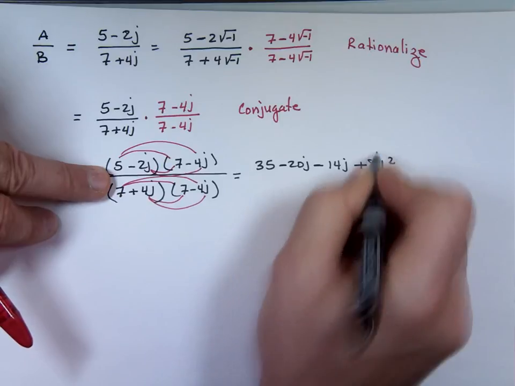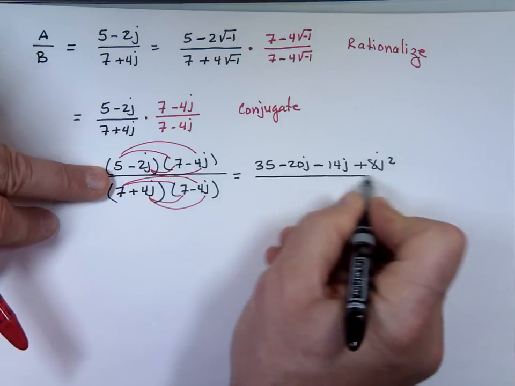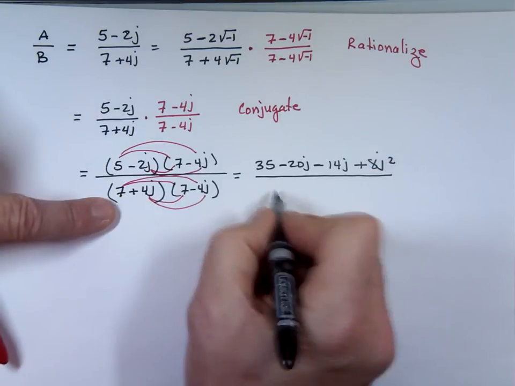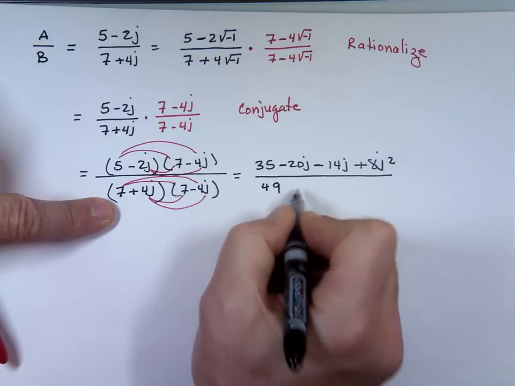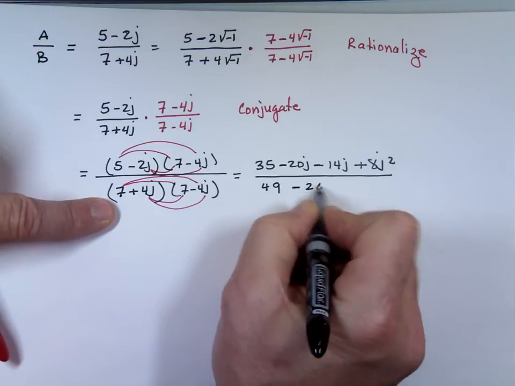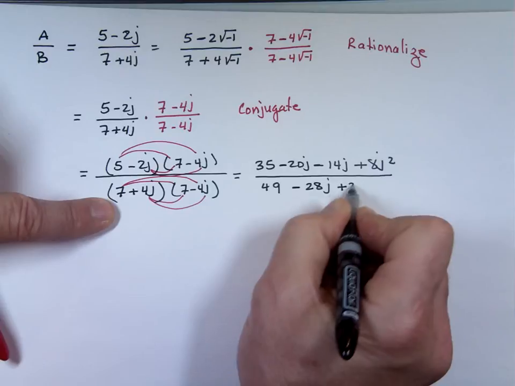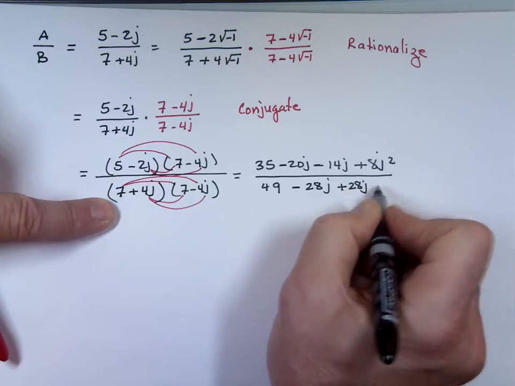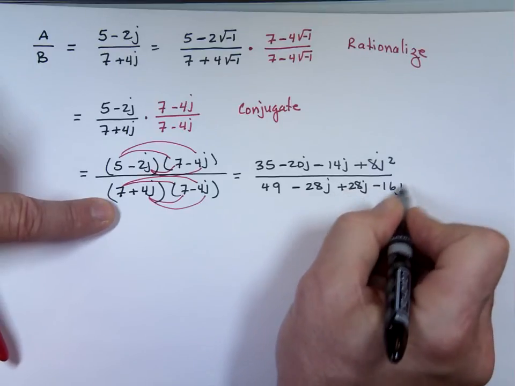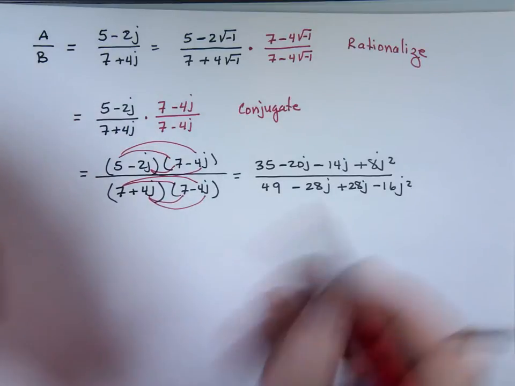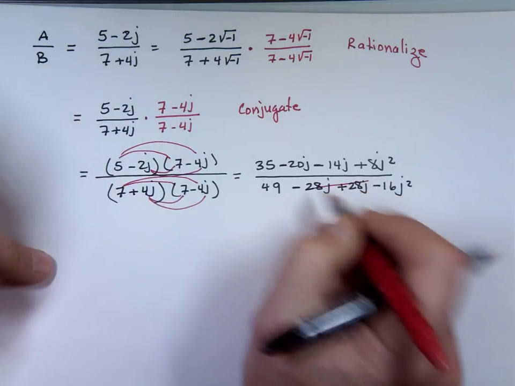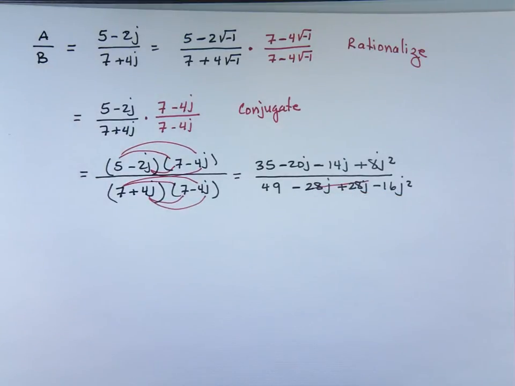That's the top. The bottom, 7 times 7 is 49 minus 28j plus 28j minus 16j squared. Here's why we switch the sign: they cancel each other out.